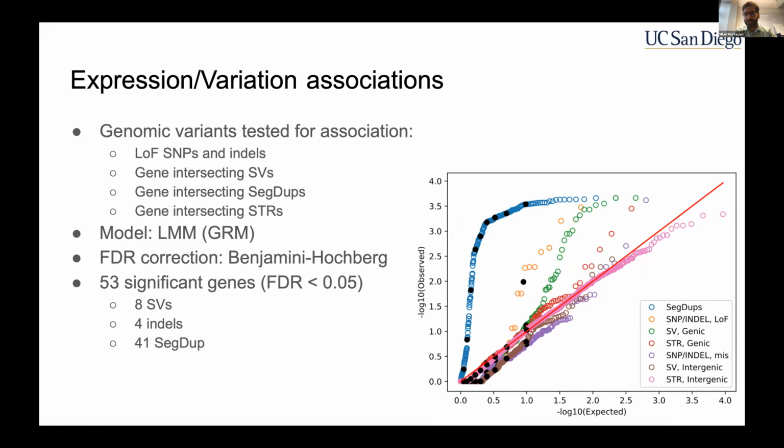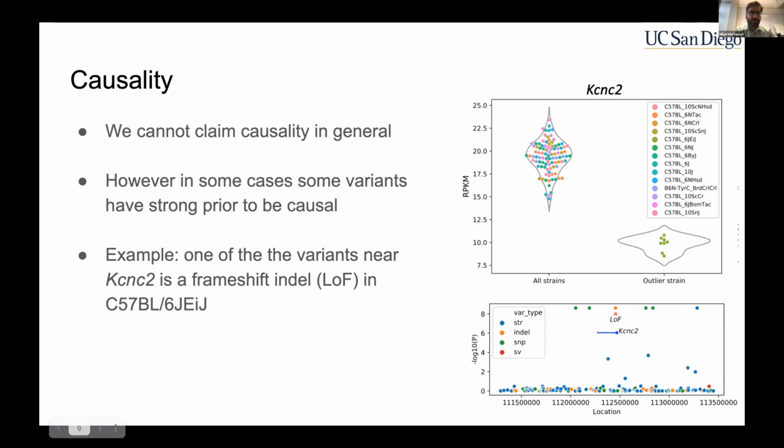As you can see, we compared these associations with missense SNPs and indels, and intergenic SVs and STRs, and they actually fall onto the straight line. About the causality of these associations, generally we can't claim causality. However, in some cases, we have a strong prior for causality.